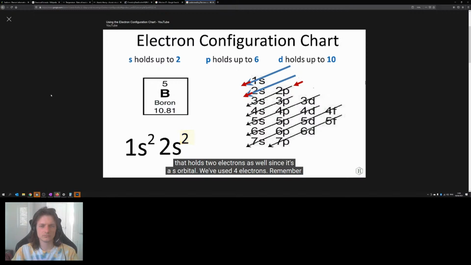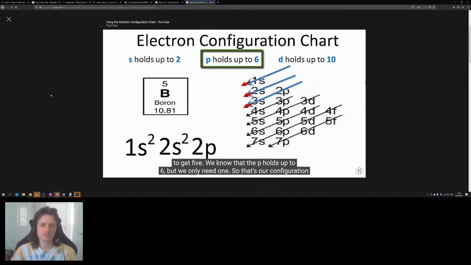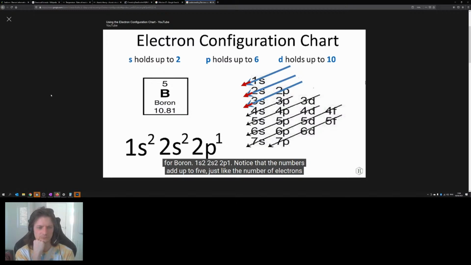And we've used 4 electrons. Remember, we have 5 for boron. And we go down this row here with the 2p and the 3s. Well, we only need 1 more electron to get 5. We know that the p holds up to 6, but we only need 1. So that's our electron configuration for boron. 1s2, 2s2, 2p1. Notice that the numbers add up to 5, just like the number of electrons for the element.